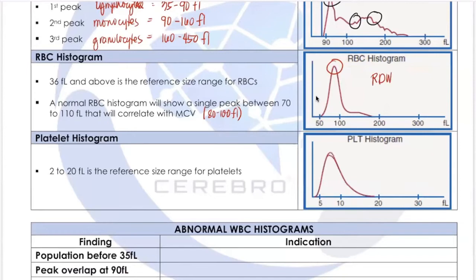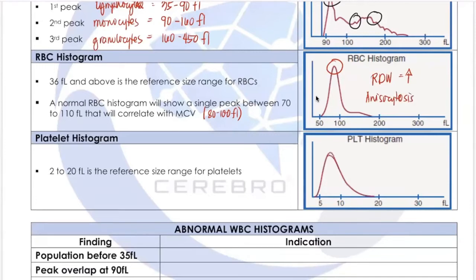Kasi 'di ba, pag sinabi nating red cell distribution width, that talks about the size variation of our red cells. So if the width is increased, that means increase din yung red cell distribution width. That could sometimes indicate presence of anisocytosis, a variation in your red blood cell sizes.